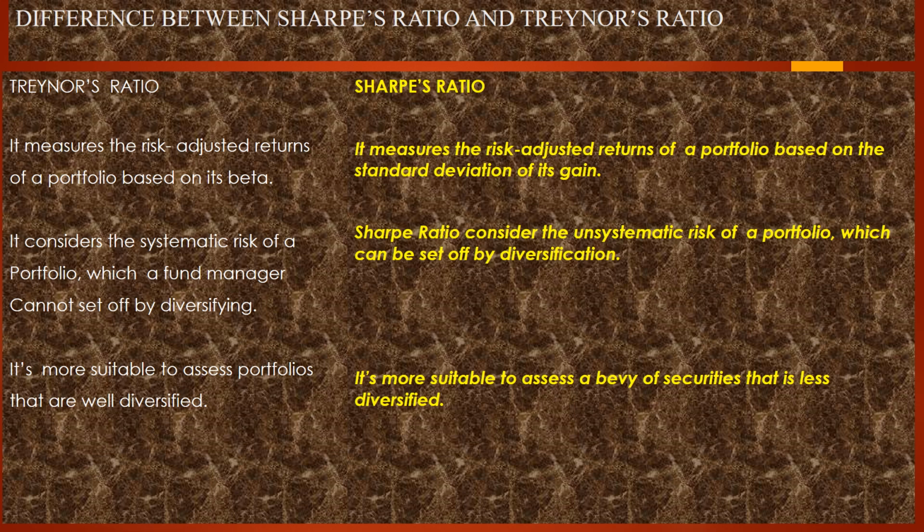Sharpe's ratio considers the total risk of a portfolio, including unsystematic risk which can be set off by diversification. Treynor's is more suitable to assess portfolios that are well diversified, while Sharpe's is more suitable to assess a bevy of securities that is less diversified. So this is the difference between Sharpe's ratio and Treynor's ratio.